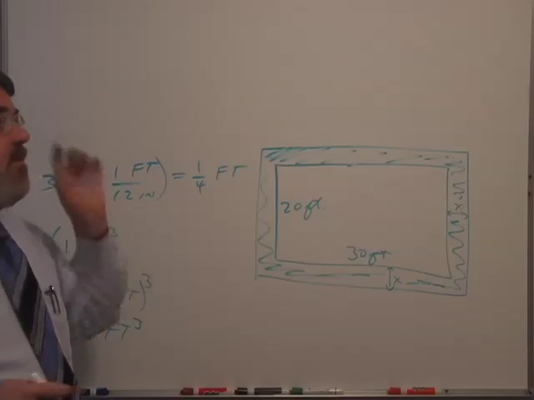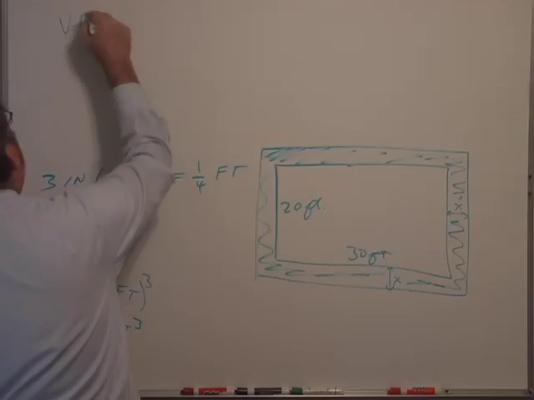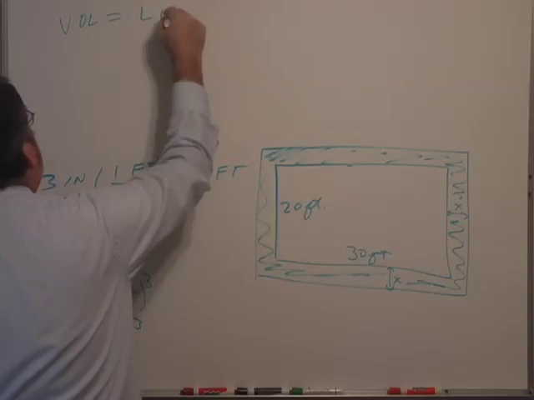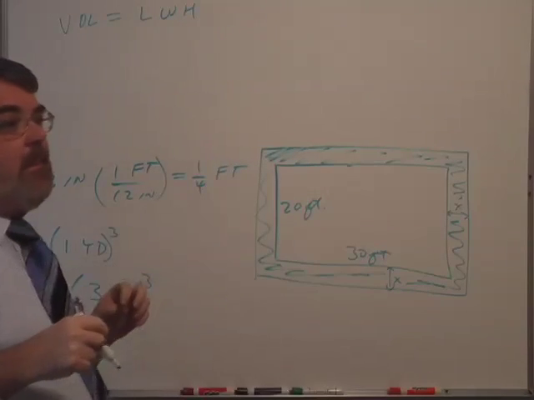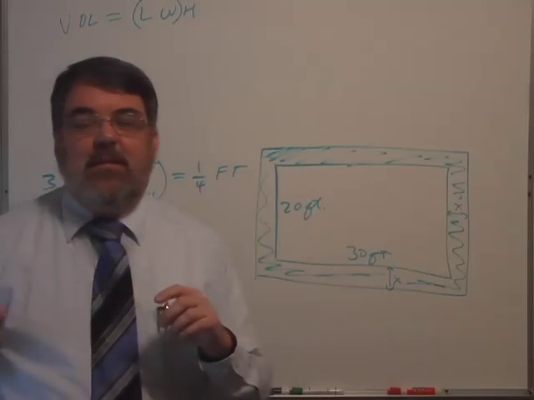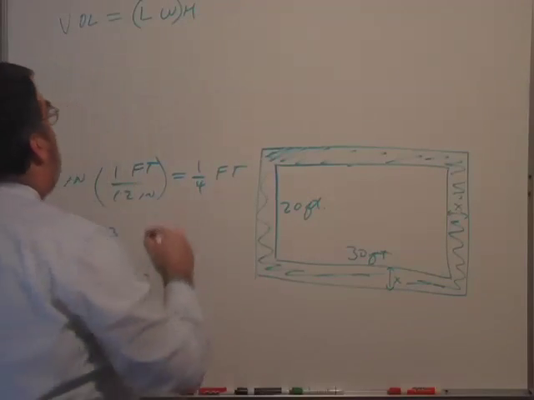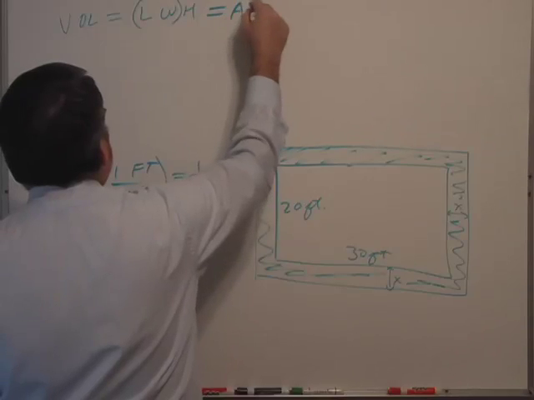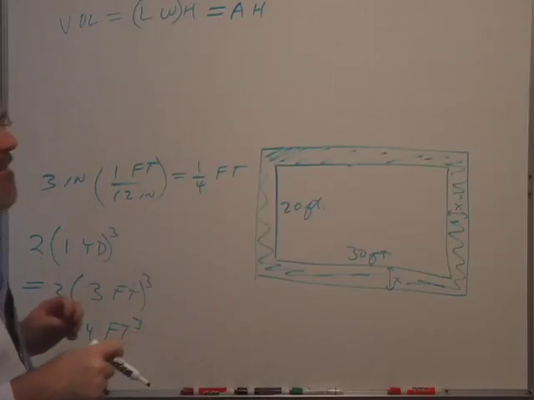So here's something to consider. Volume is length times width times height. But if you look at length times width, what is length times width? That is area. So volume is area times height.